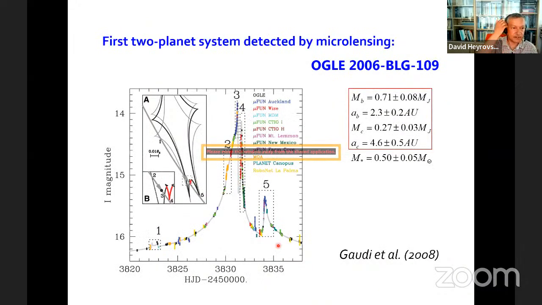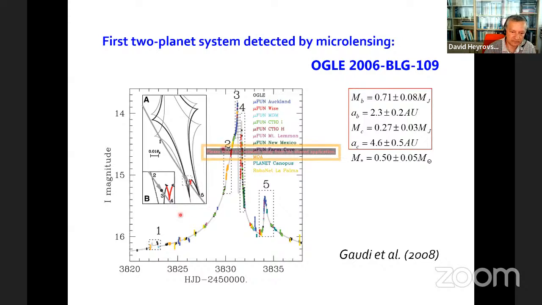Within these planets already, we are coming to the topic of my talk, which is three-body lensing. There are already several systems in which the lens is composed of a star with two planets. And this was the first one, OGLE-2006-BLG-109. You can see the general structure of the caustic can be described by a two-point mass lens. The light curve is very complicated, but there are these 5 specific features.